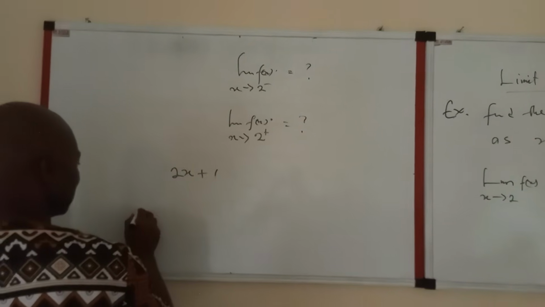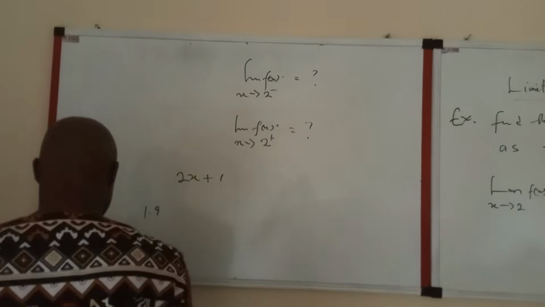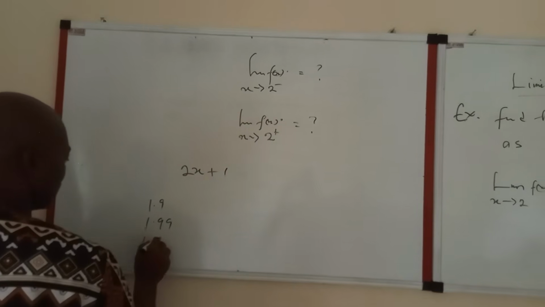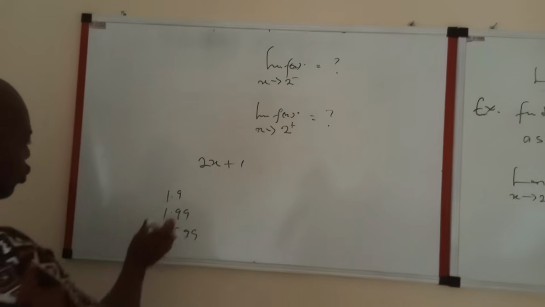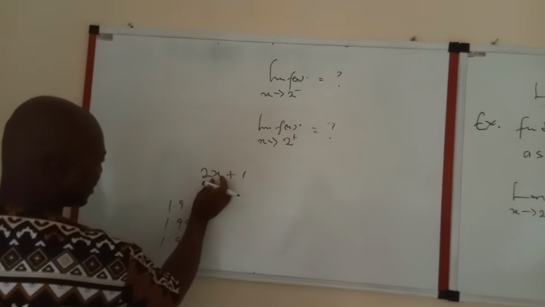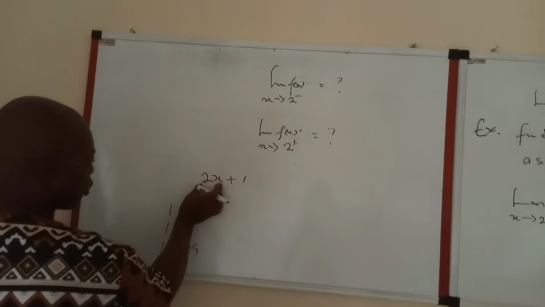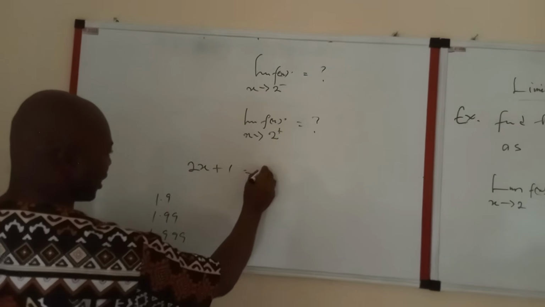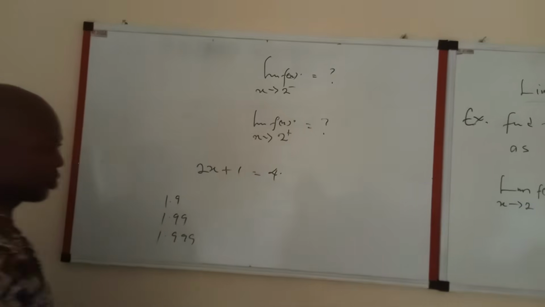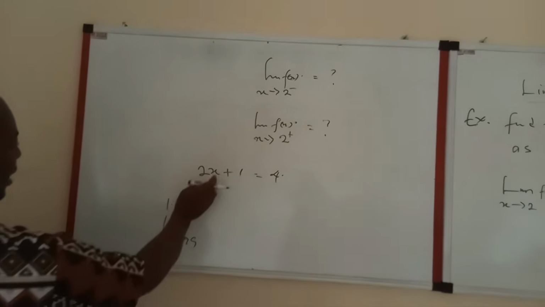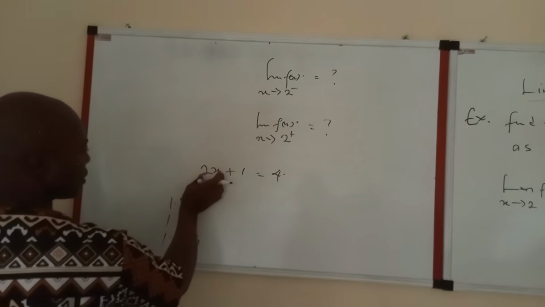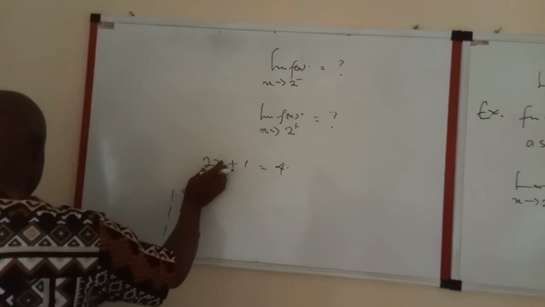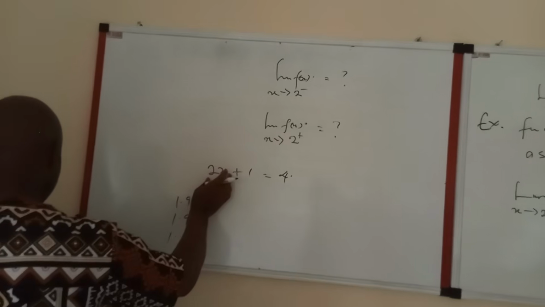The values on the left as it tends to 2 are 1.9, 1.99, 1.999. Now, when you put this here, you see that 2x is approximately 3.99 something, very close to 4.